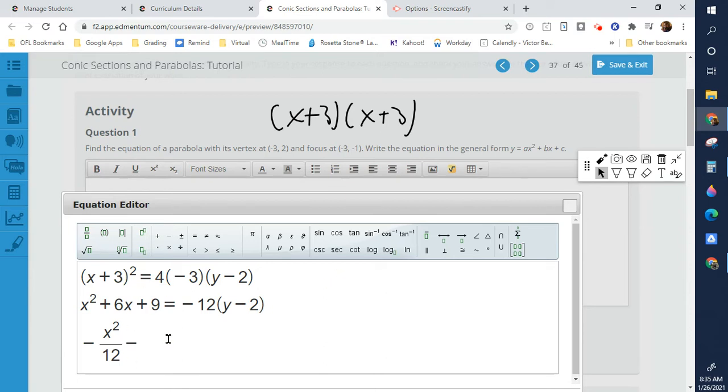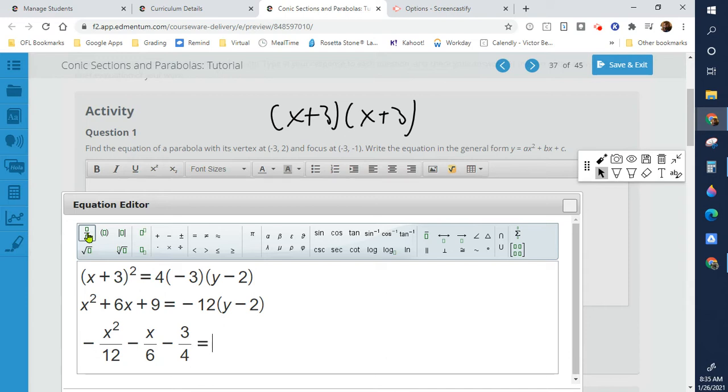So I'm just going to say that's going to be x over 6. And 9 over 12 would reduce as well. So I'm going to say this is 3 over 4.